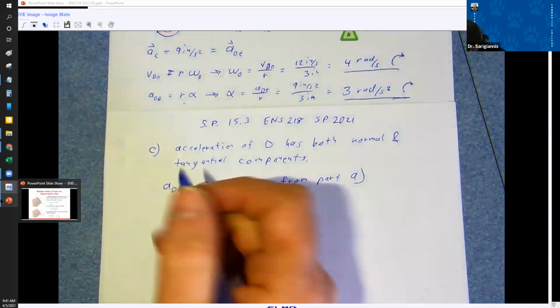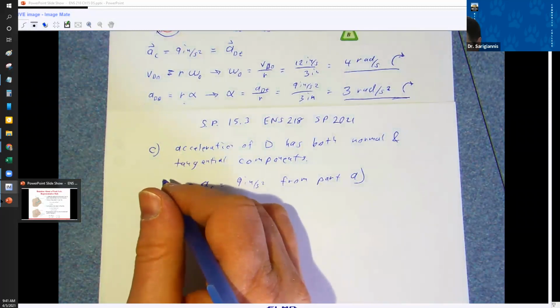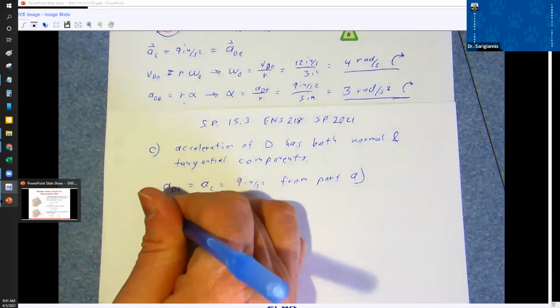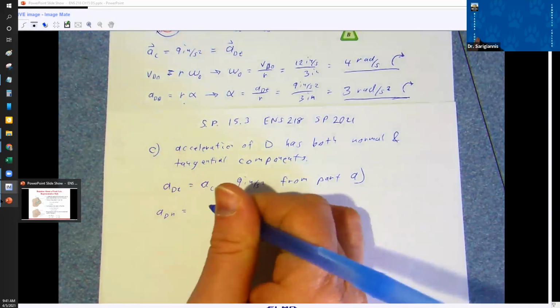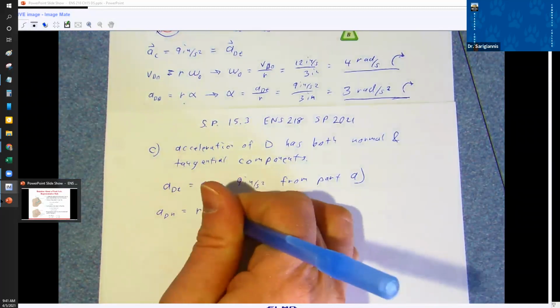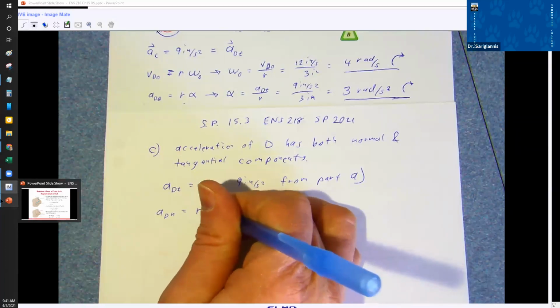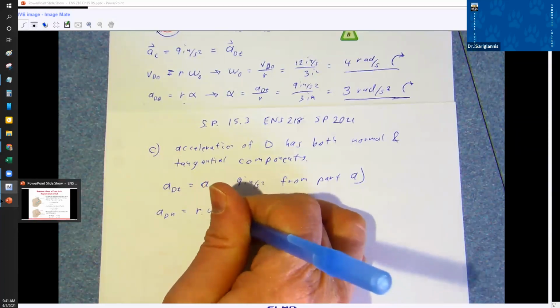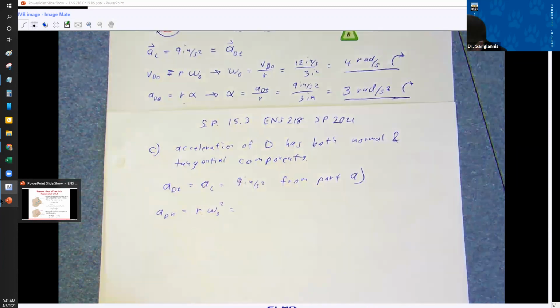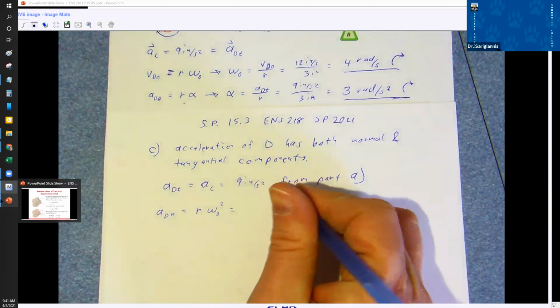For part D, the normal component is going to be R omega naught squared. All right, we're looking for the initial acceleration.